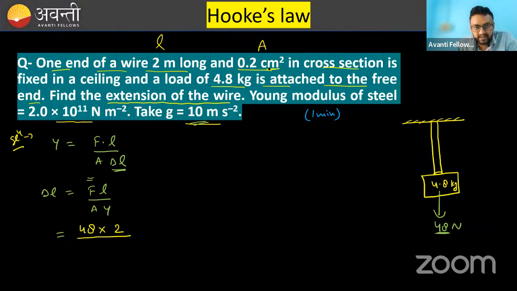Remember, the unit is in centimeter square, so I will convert it: 0.2 into 10 raised to the power minus 4. This is the area. Now Young modulus Y is given as 2 into 10 raised to the power 11. So everything is sorted. You can solve it easily.